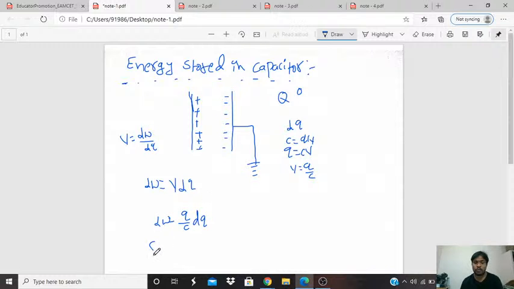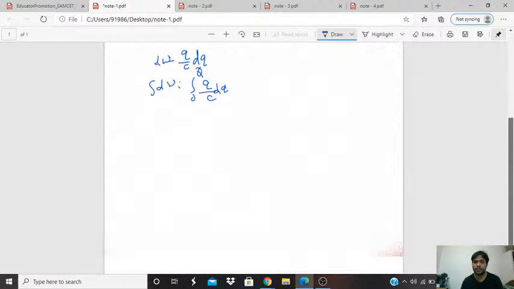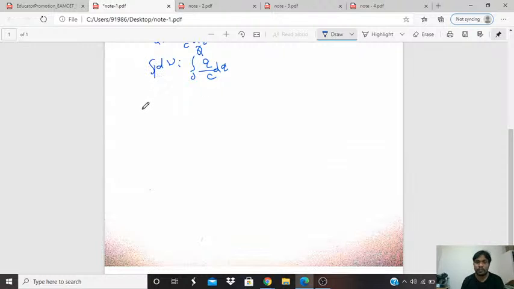To get the total work done from 0 to total charge capital Q, we have to integrate this. Integrating dW gives W, which equals 1 by C, a constant, times the integration of Q dQ from 0 to capital Q. Q dQ integrates to Q square by 2, and with upper and lower limits, 0 means no need.